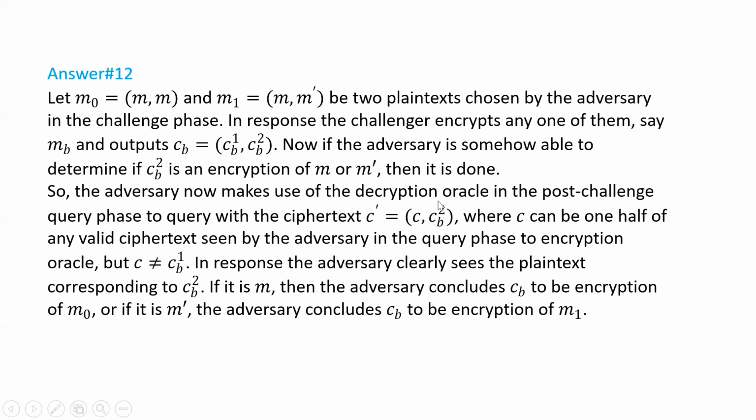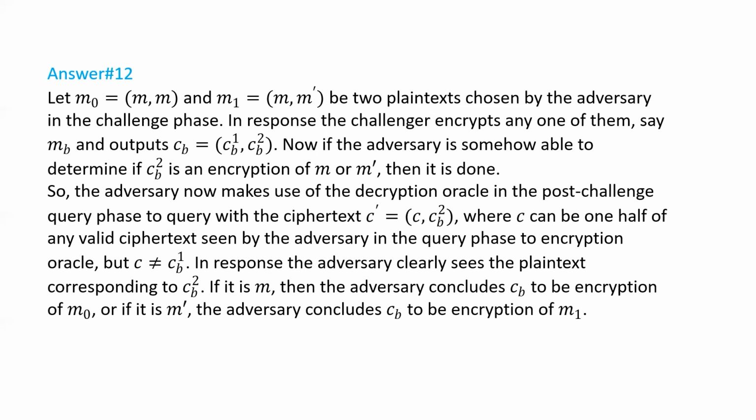And if the decryption corresponding to CB2 is M dash, then the adversary concludes that the challenge ciphertext corresponds to the underlying plaintext M1. So with probability 1, the adversary can distinguish an encryption of M0 from an encryption of M1, hence pi dash is not CCA secure, and as it is not CCA secure, it is of course not an authenticated encryption scheme.